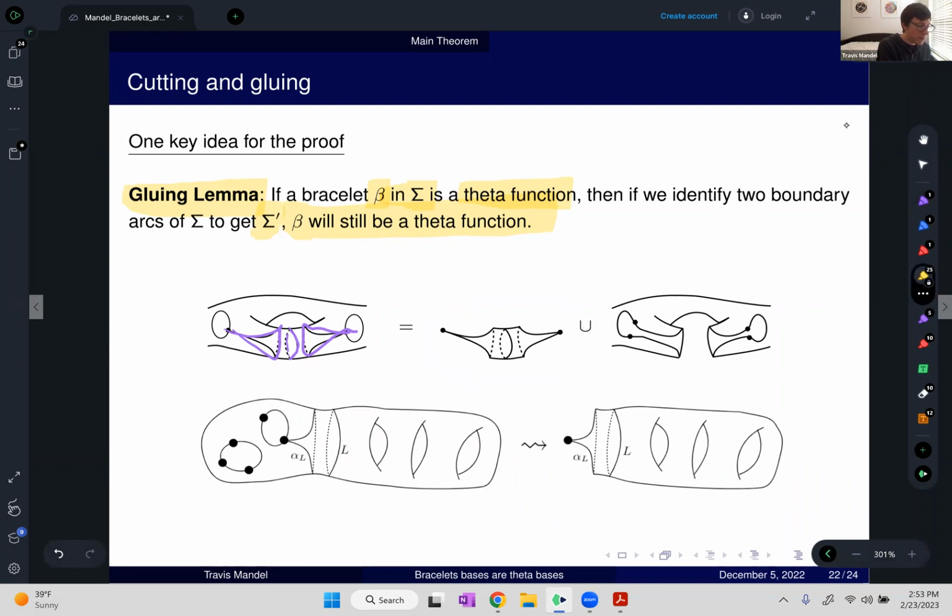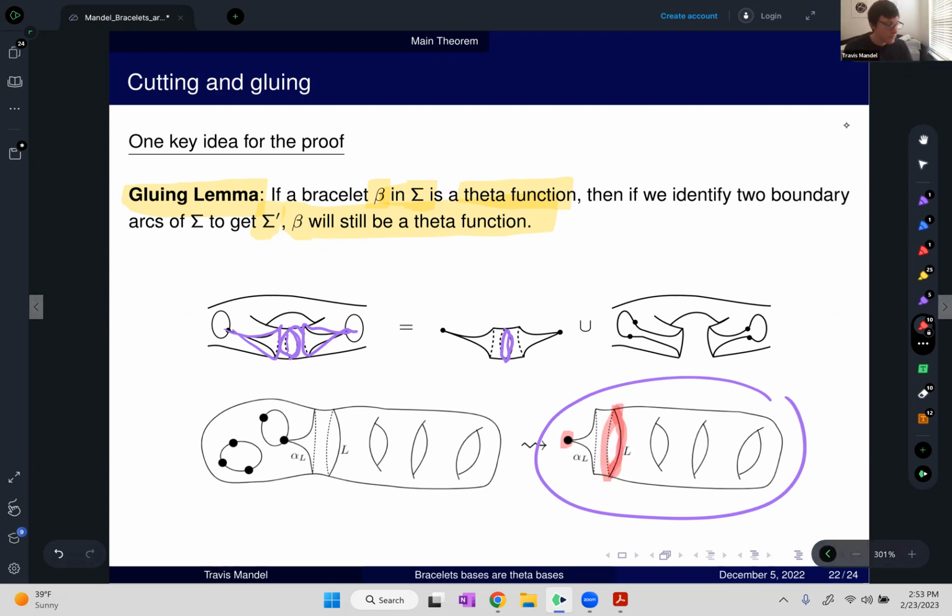So this is a twice marked annulus, and we just saw that this loop corresponds to a theta function for the twice marked annulus, so automatically it corresponds to a theta function in the original surface as well. And it turns out for every loop, you can either cut out a twice marked annulus around it, or you can cut out something like this, where there's only one marked point on the boundary, and then the loop is homotopic to the boundary like this.